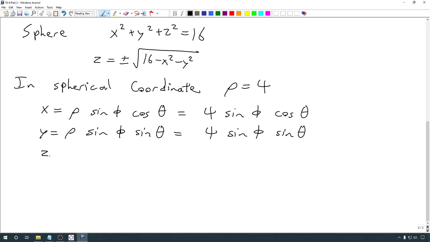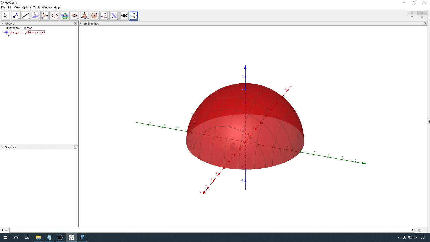And then finally, z is equal to rho cosine phi, which again is just 4 cosine phi. These are actual equations in terms of two parameters, phi and theta. And we can plot this as a parameterized surface.